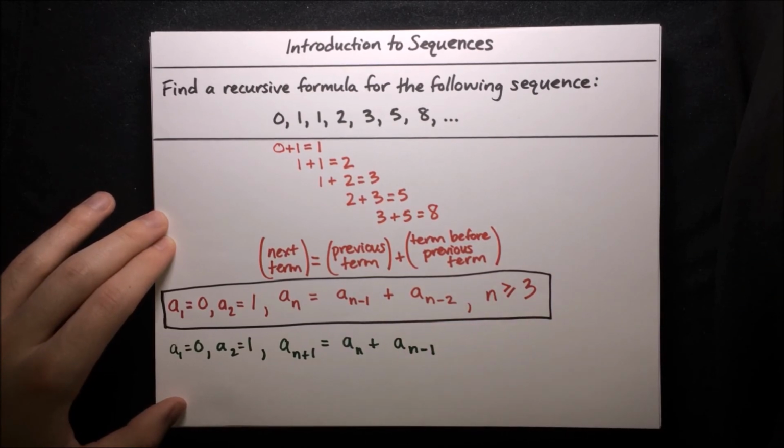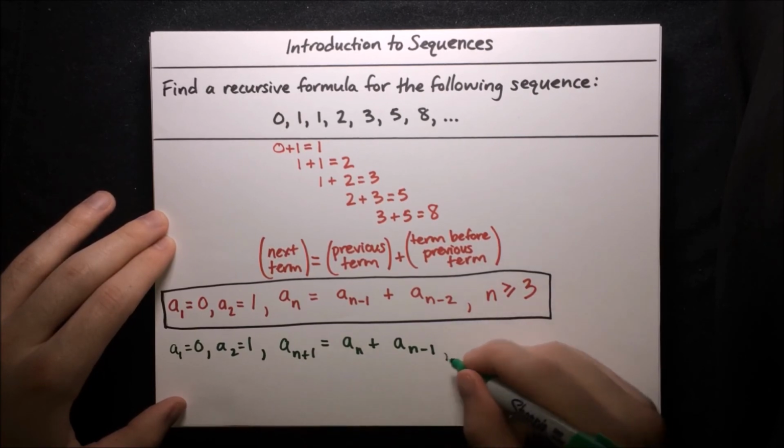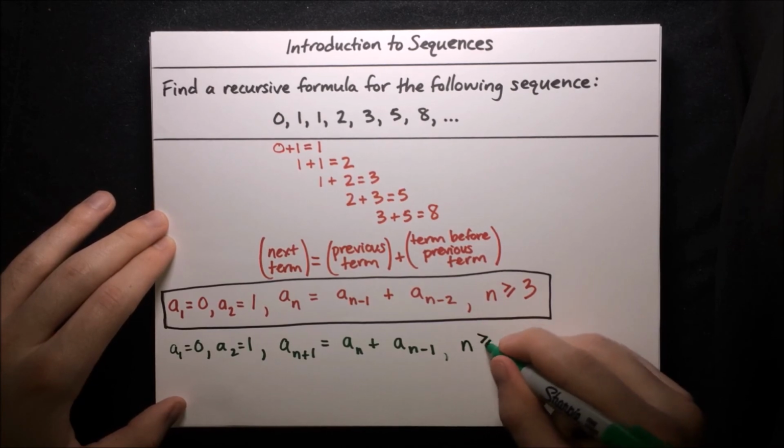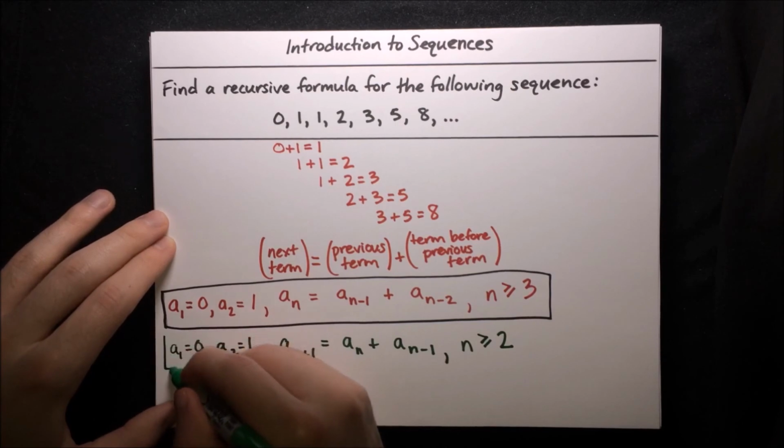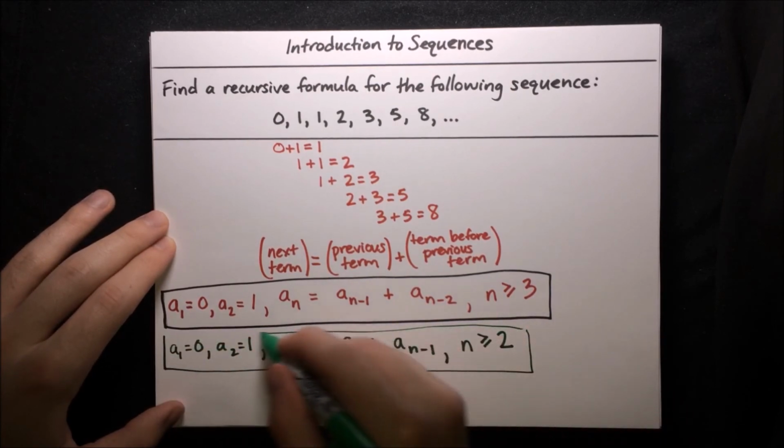Again, this rule only starts working at the third term of the sequence, so the very first value we could plug in for n would have to make n plus 1 equal to 3. So we'd need n is greater than or equal to 2. So this would be a perfectly fine answer as well.